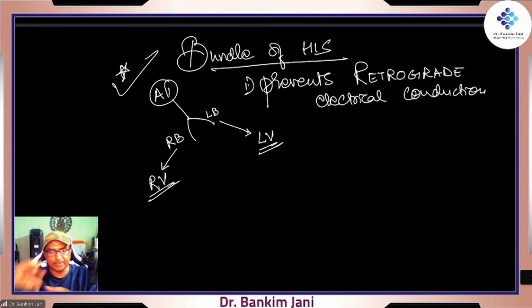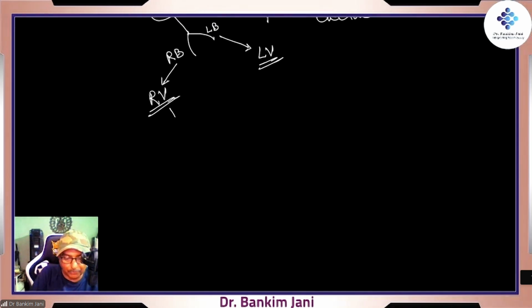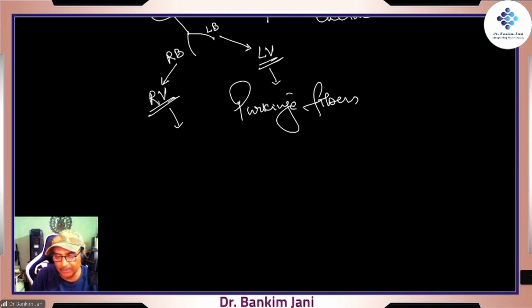No doubt there will be anterior and posterior parts and so on, but basically this is how things are distributed. And finally, there would be Purkinje fibers. From here, the Purkinje fibers are coming out, and these Purkinje fibers will be supplying all the ventricular musculature.